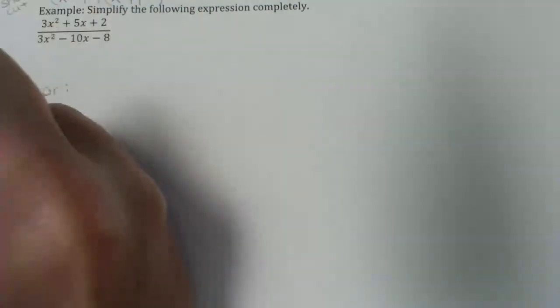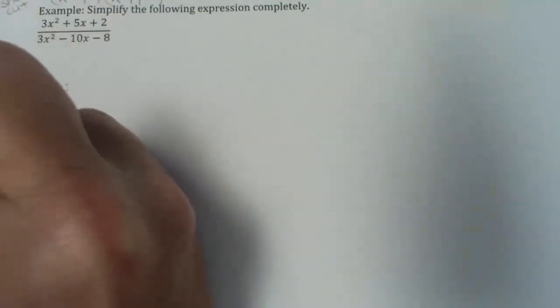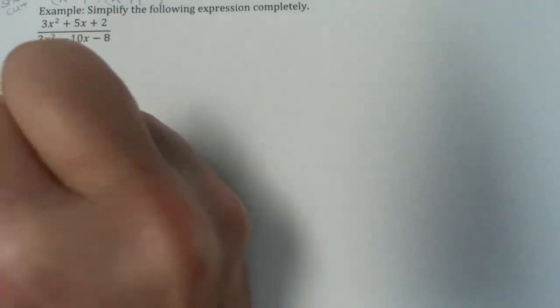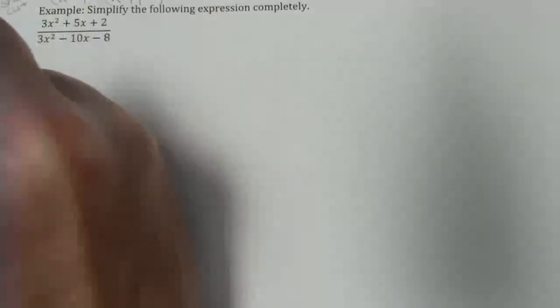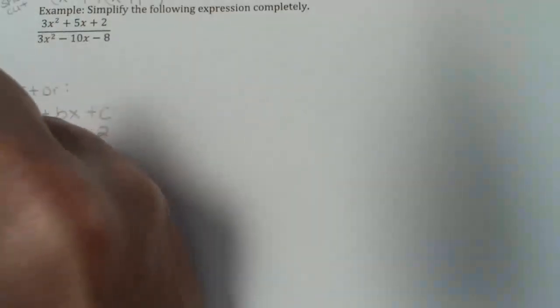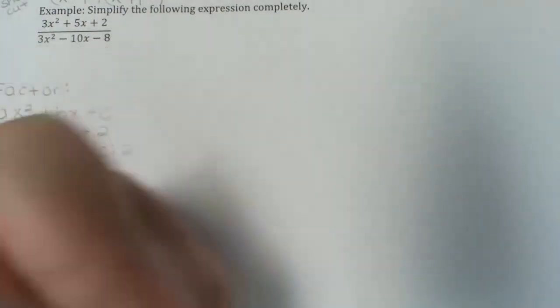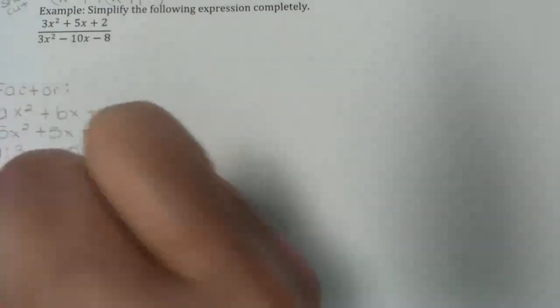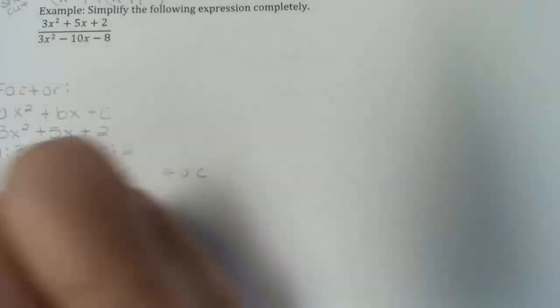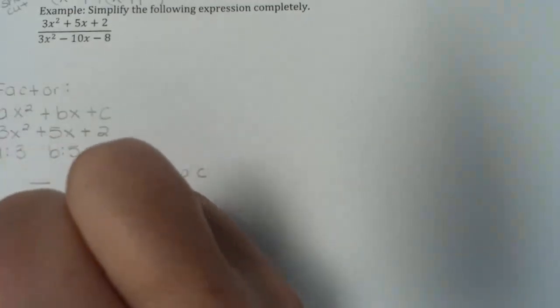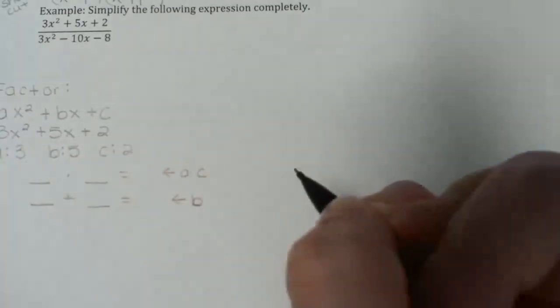We have 3x squared plus 5x plus 2. Thankfully, this is in standard form of ax squared plus bx plus c. So a in front of x squared is 3, b in front of x is positive 5, c out by itself is 2. So I'm looking for two numbers that multiply together to give me a times c, and the same two numbers that add together to give me b.